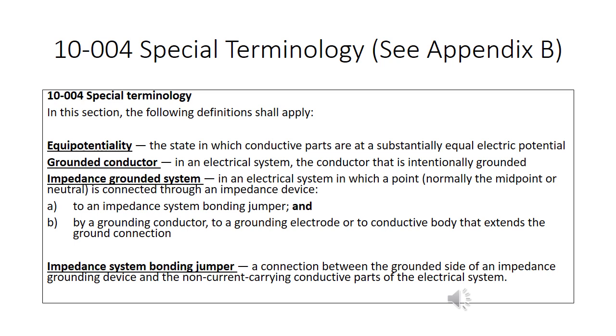Impedance system bonding jumper: a connection between the grounded side of an impedance grounding device and the non-current carrying conductive parts of the electrical system.